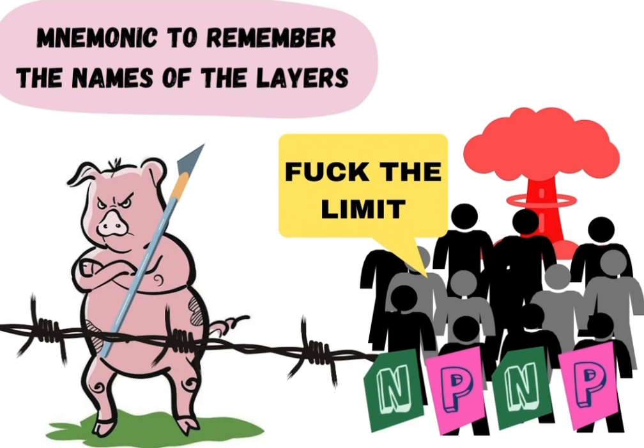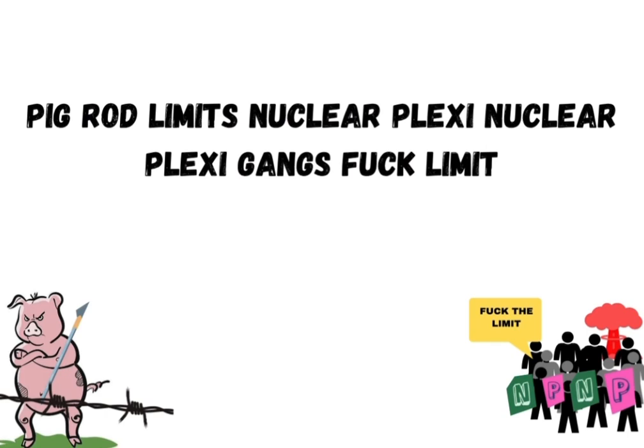Just imagine this scenario in your head. Now you need to remember this mnemonic as it is in this form: pig rod limits, nuclear plexi, NP gangs, fuck limit. So basically the pig is holding a rod and there is a limiting membrane, so limits, and then there is the NP gang which says fuck the limit.